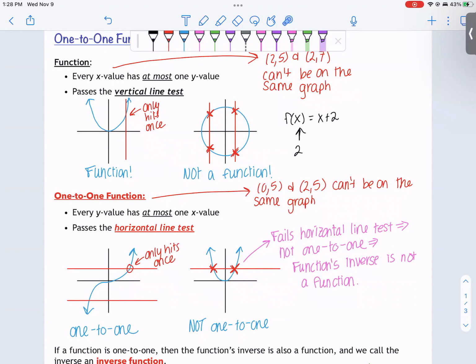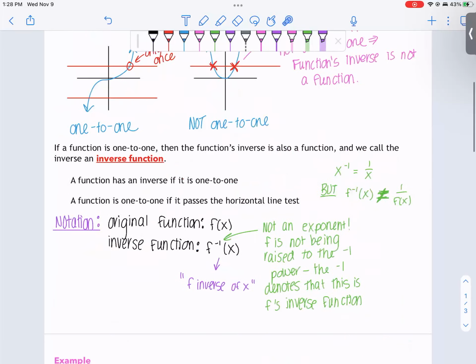You can't have 2 different points that have the same y value, because when you invert these points, they become 5, 0 and 5, 2. And if we have the points 5, 0 and 5, 2 on a graph, that's not going to be a function, because it fails the vertical line test. So that's what one-to-one is doing. It's ensuring that when we invert the points, we don't end up with something that would fail the vertical line test.